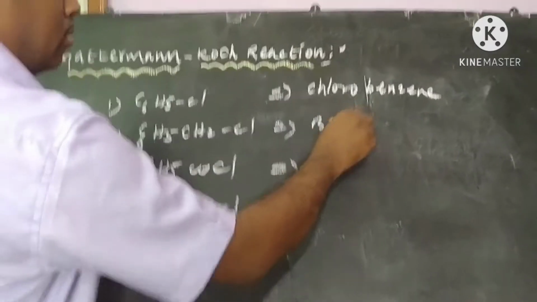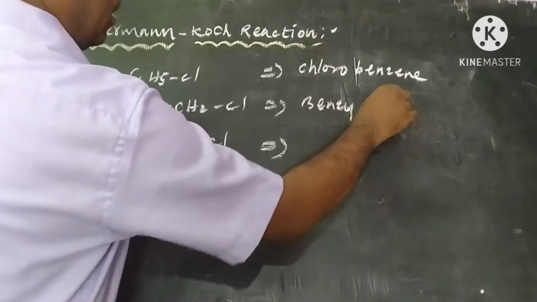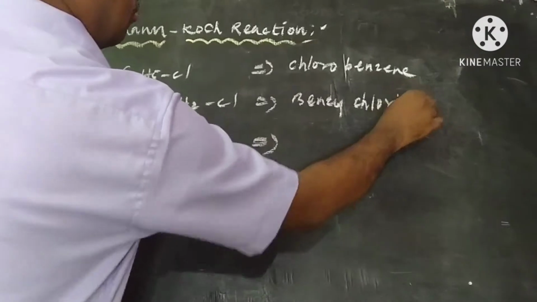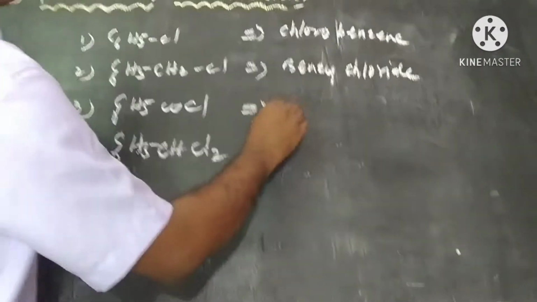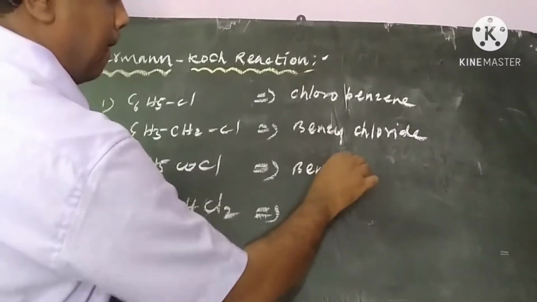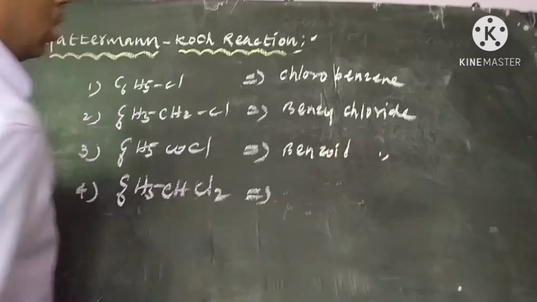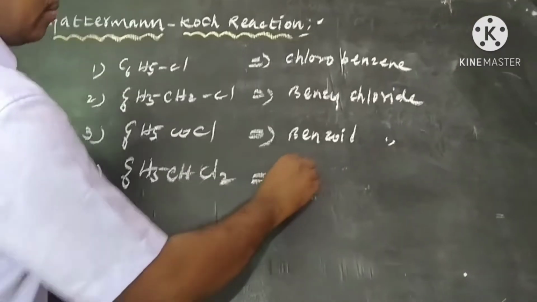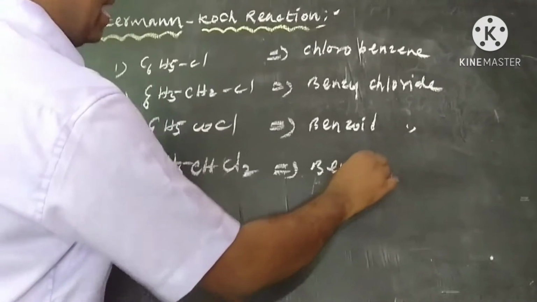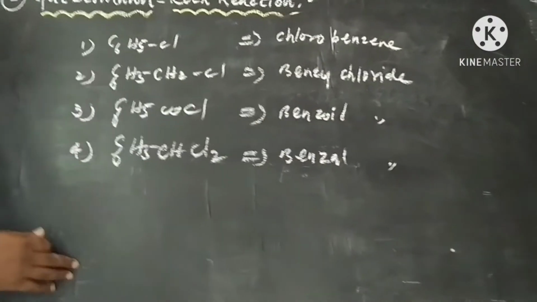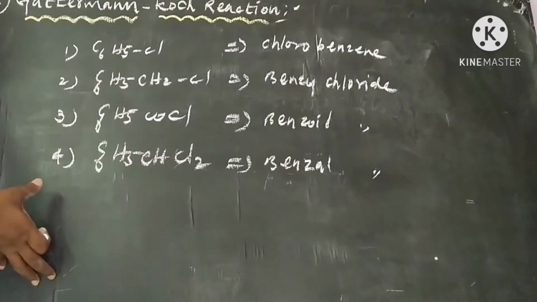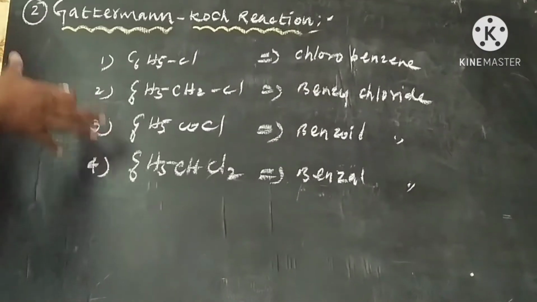Next is benzyl chloride. Next is benzoyl chloride. The last one is benzal chloride. These are important related chlorine derivatives of organic compounds.